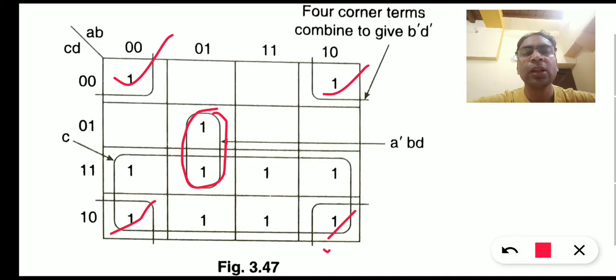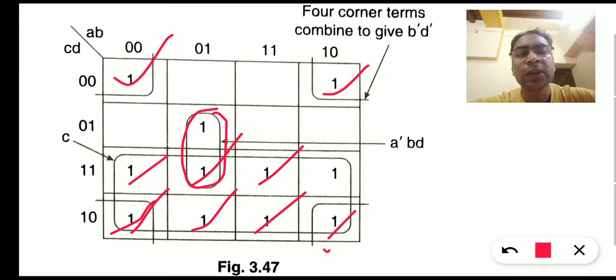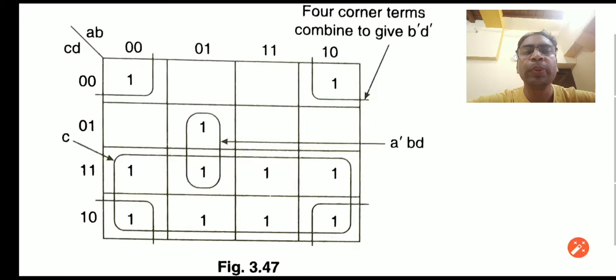And lastly, the octet. These 8, 1, 2, 3, 4, 5, 6, 7 and 8 make the octet. This is how we have created the looping. So we have one dual, one quad and one octet.